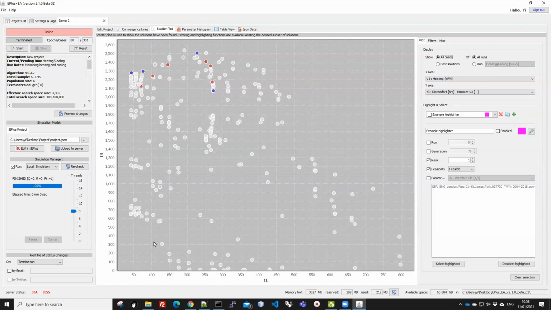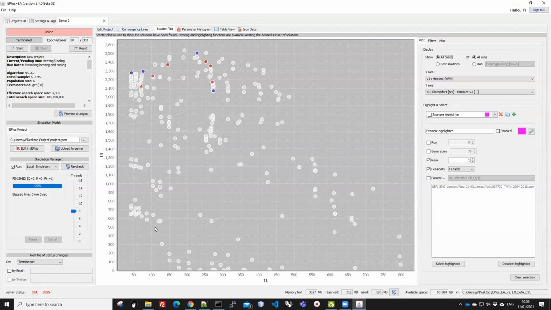The problem we need to ask the optimization algorithm is actually this: what would be the solution that gave us the lowest heating and cooling consumption while ensuring that the environment is comfortable? This is the question we should be asking.